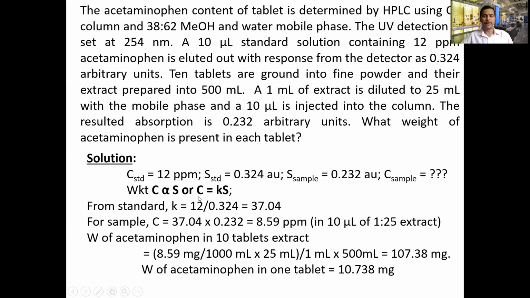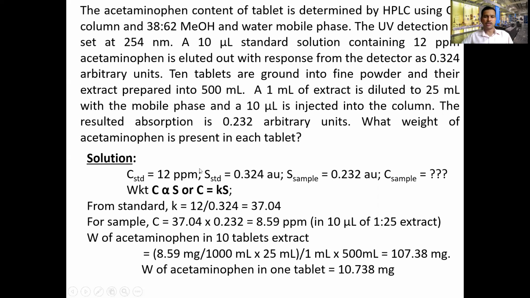In order to do this, first we have to obtain the value of K. For every instrumental technique, whether it may be HPLC or cyclic voltammetry or differential pulse voltammetry or something else, the proportionality constant has to be determined.